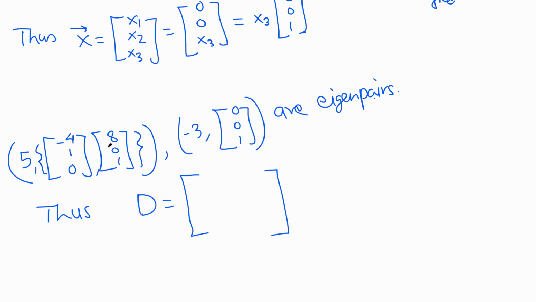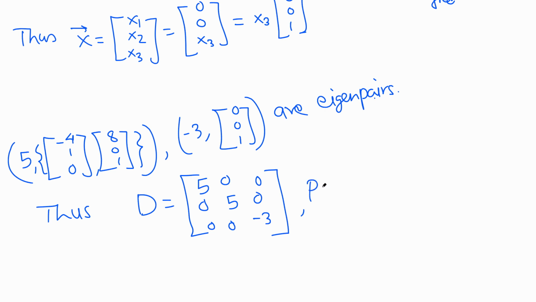For 5, we got 2, so we need to write 5 twice, because 5 got 2 eigenvectors, and -3. Or you can write -3 first, it doesn't matter, and all others 0, because it's a diagonal matrix. When we have a diagonal matrix, we can multiply it easily. Later you can exponentiate when you are doing differential equations, so this is really easy to handle.